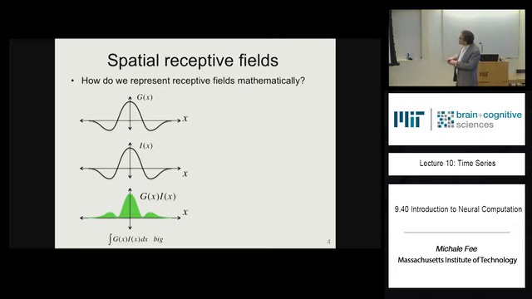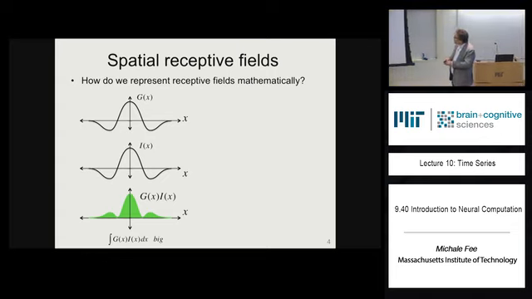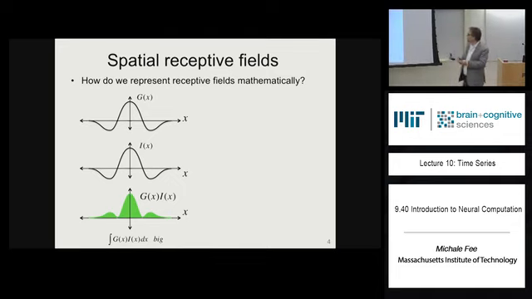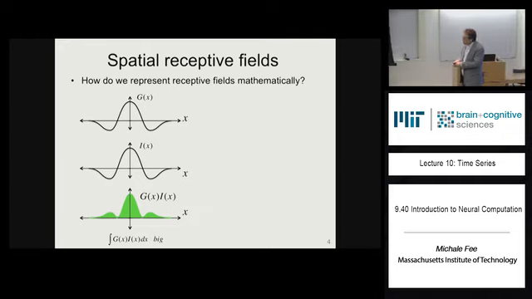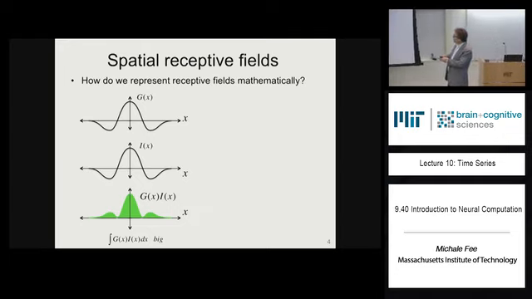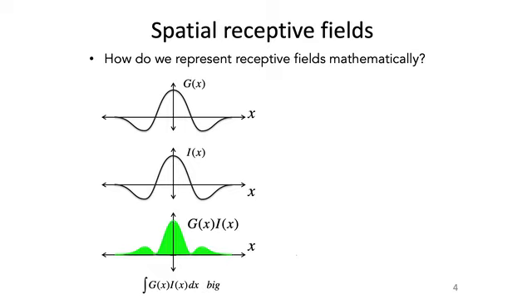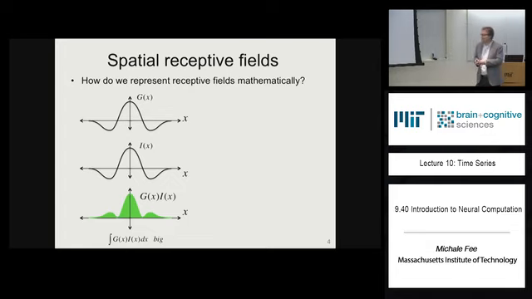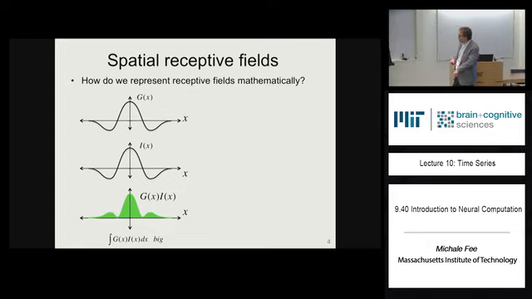A negative component of the receptive field multiplied by a negative component of the intensity also gives you a positive contribution to the response. So even though the receptive field has positive and negative parts, so does the intensity function. And when you multiply those together, you get a positive contribution to the response of the neuron everywhere. And so when you integrate that, you get a big response.